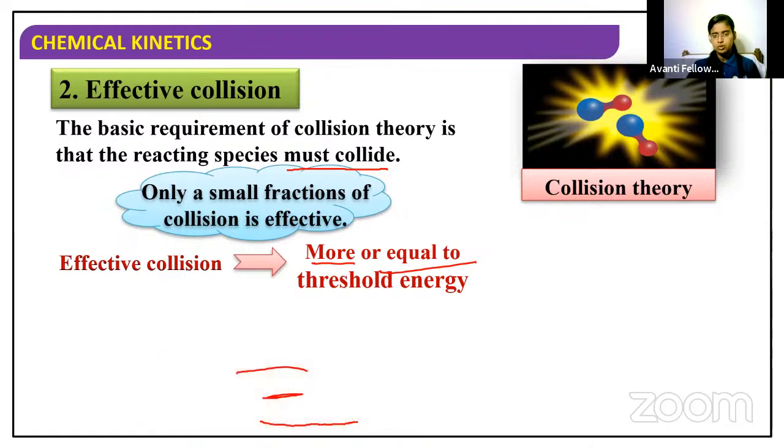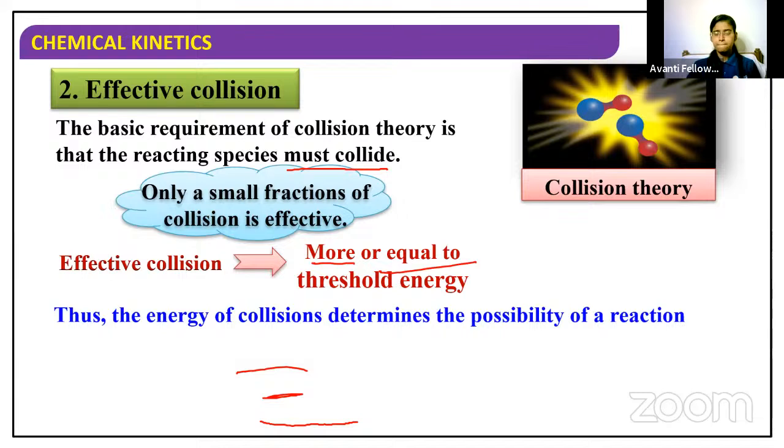Now let's study some more information, and then we will move on to threshold energy. Thus the energy of collisions determines the possibility of the reaction. How does the energy determine the possibility of the reaction? If the energy of the reacting species is very less, then this denotes an ineffective collision.